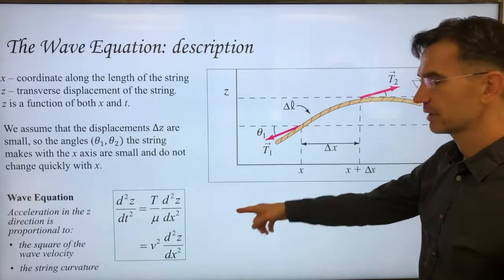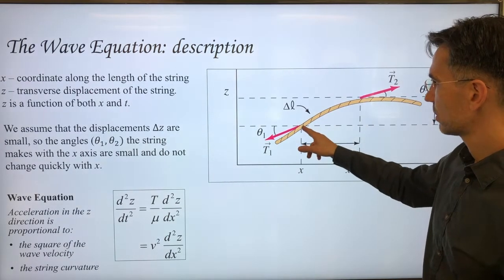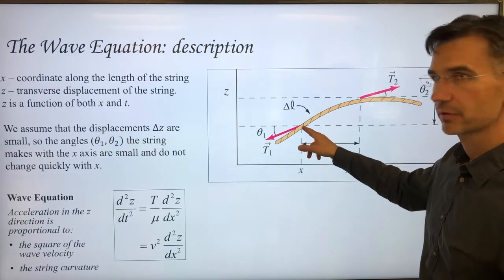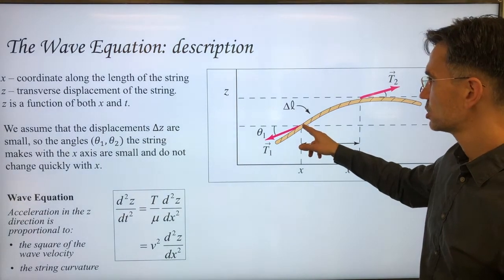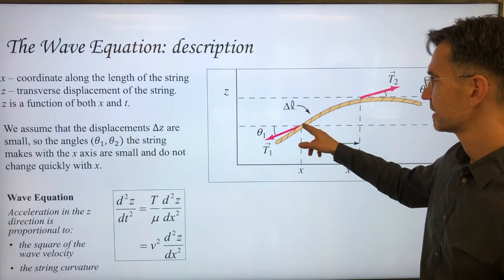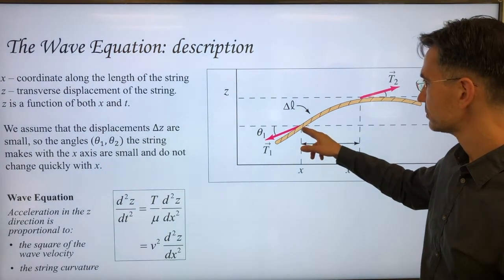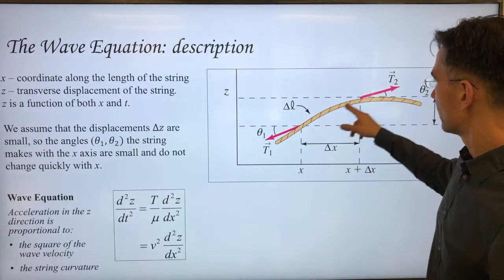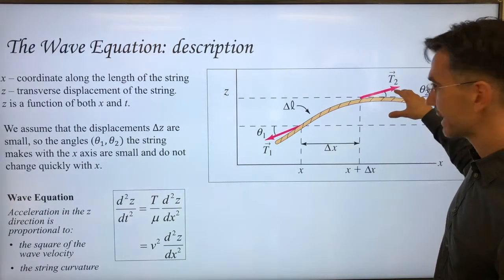So for example, the wave equation will tell us right away that if the curvature here is 0, the acceleration here is 0. There's actually no change in velocity at this point. The vertical velocity happens to be at its maximum. Here, on the other hand, the curvature is the largest and it's negative.